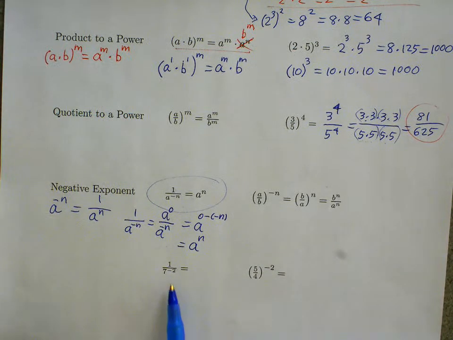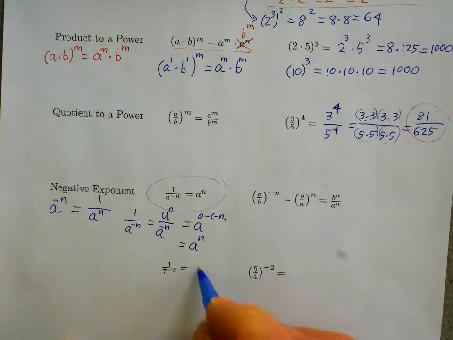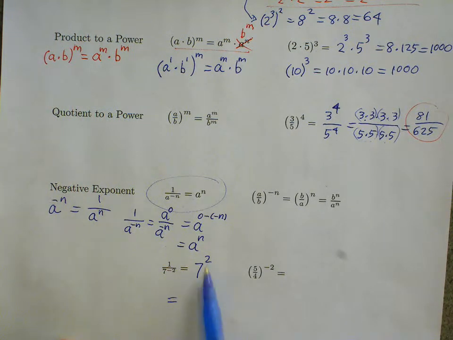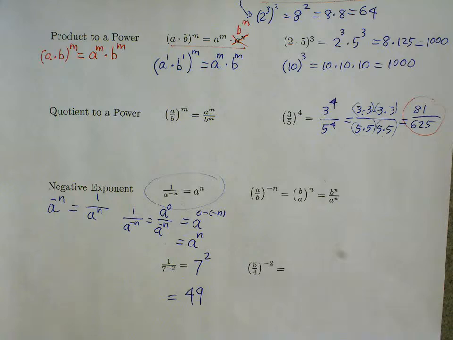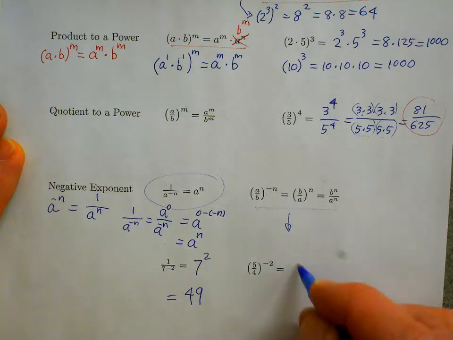Okay, a couple of examples. If you have 1 over 7 to the negative 2, that's equal to 7 to the positive 2. And 7 to the positive 2 just means 7 times 7, or 49. Okay, over here we have a fraction 5/4 raised to the exponent negative 2. So if we apply the property up here, first we write the reciprocal of 5/4, which is 4/5.